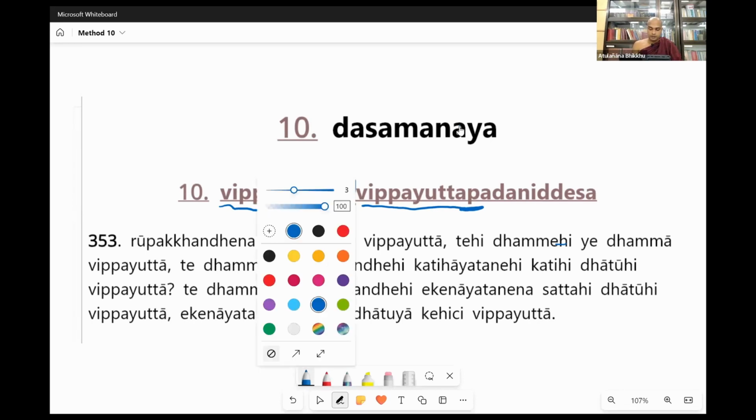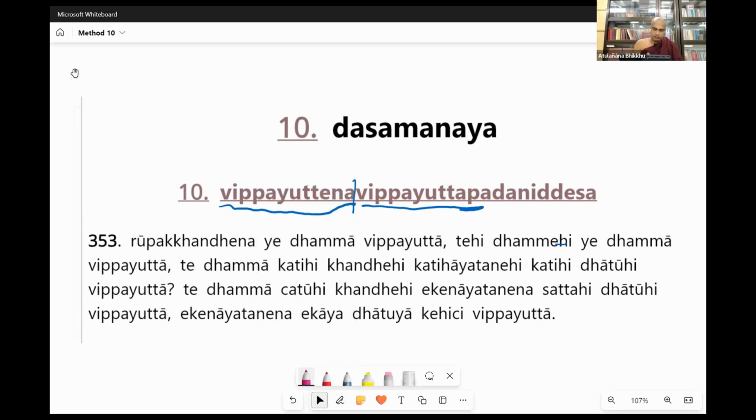So in this sentence we have a few parts. One, here we have the state of inquiry, which is Rupakhandena. Then we have this yedhamma vipayutta.